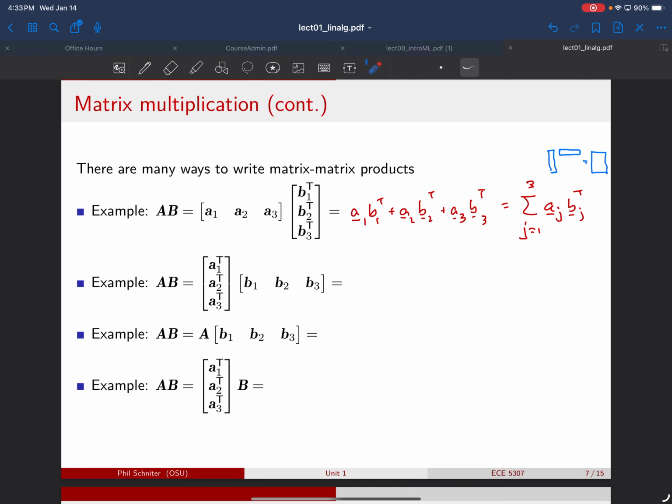All right. So now maybe I encounter a situation where it was convenient for me to have described the rows of A this way, using row vectors A1 transpose, A2 transpose, A3 transpose, and the columns of B this way. So one example where we'll see this later is often when we have a data set, we organize it this way, where each of those rows is one element in the data set.